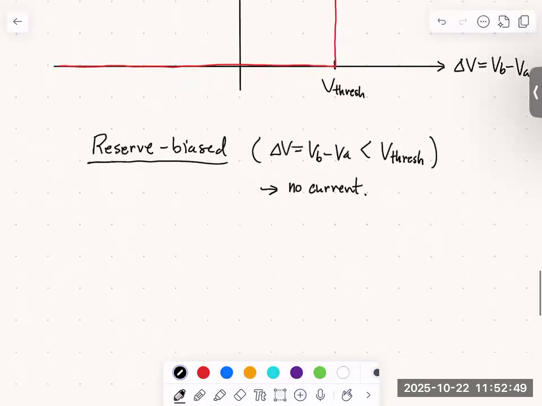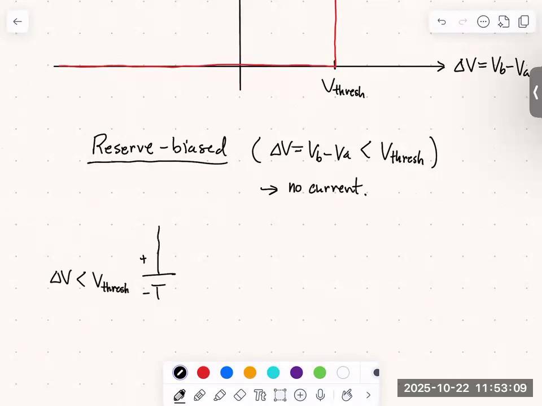Okay, so let's make a simple circuit. It's going to have a battery, plus minus, and this time I'm going to specify that this delta V supplied by the battery is less than V threshold.